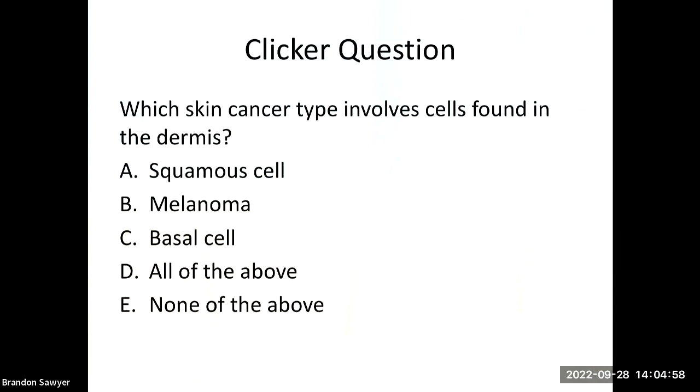All right, about 15 more seconds or so. Check with the people on your team. Make sure you're on the same page and go ahead and send it in.